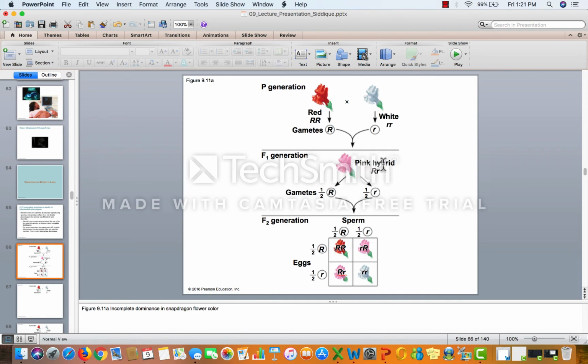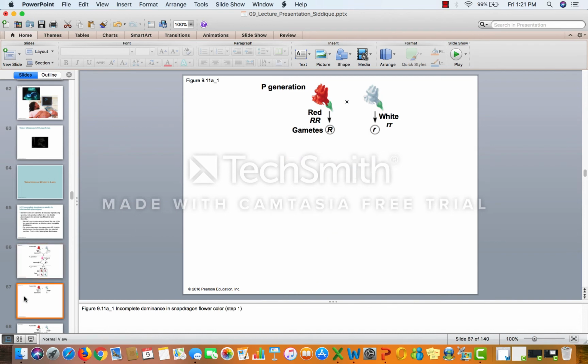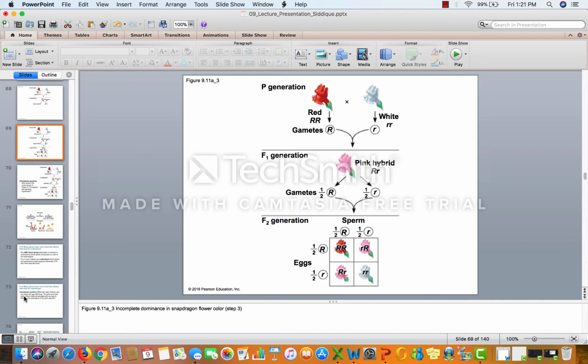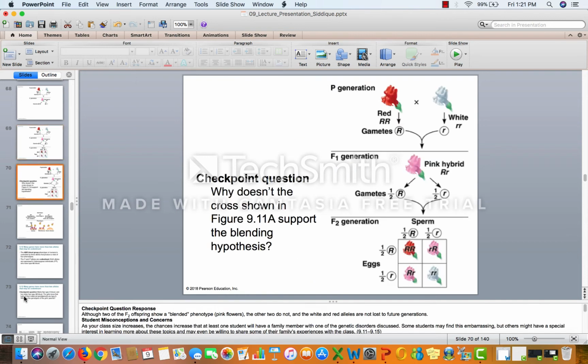The heterozygous is going to pass on half dominant, half recessive. So this next generation is going to be half of each, the dominant and recessive. Same for the eggs. You're going to have a 1:2:1 ratio of red to pink to white flower. So again, you have the red and white mom and dad. Here we have the heterozygous hybrid pink flower, and essentially the grandkids will be a 1:2:1 ratio of red to pink to white flower.